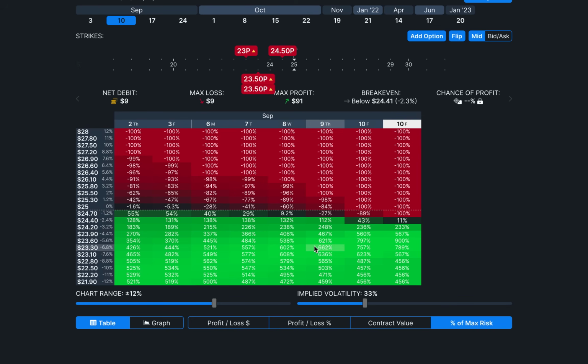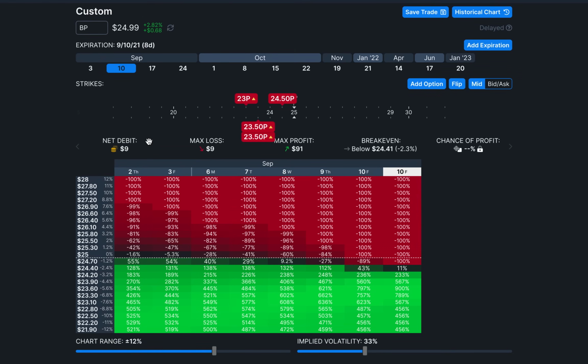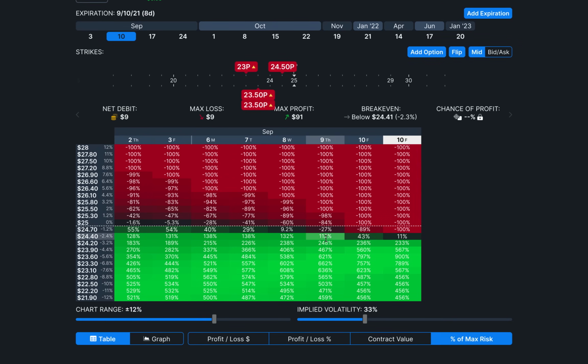And so again, what we want this stock to do is to be slightly bearish. It doesn't have to drop a lot. It just needs to drop a little bit, right? Right now, the stock is at around $24.99. Even if it drops to like $24.40, 24, we can make some pretty decent profits, right?